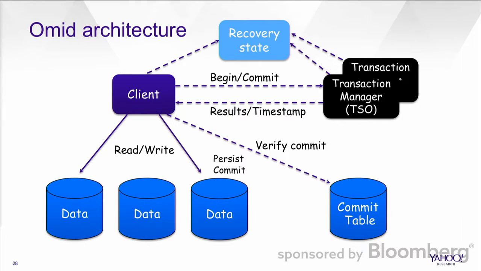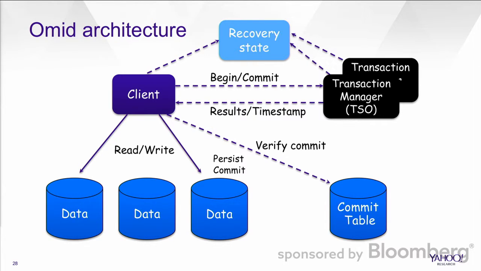So let's take a look and see if we find any single point of failure here. We have the client here. If it crashes, we don't care, because the commit is persisted in the commit table. So we only have the transaction manager that's actually serving everything, and we needed to make it highly available.